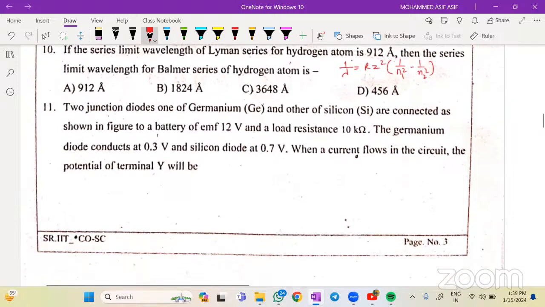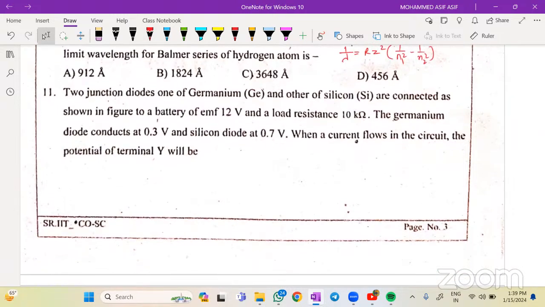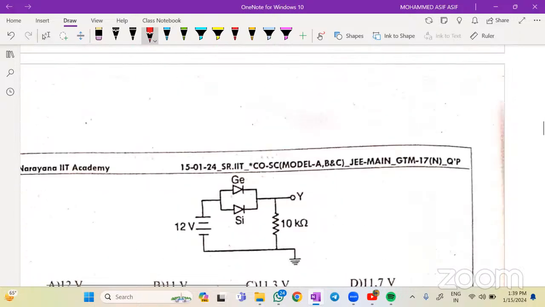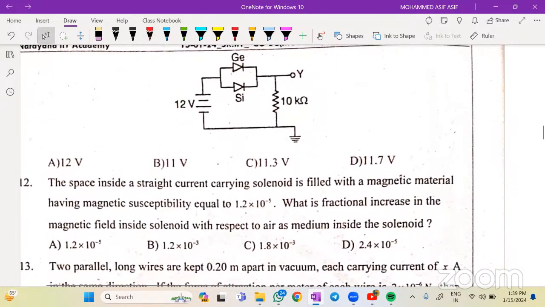Two junction diodes, one of germanium, another of silicon, have been connected as shown in the figure to a battery of EMF 12 volt and load resistance of 10 kilo ohm. The germanium conducts at 0.3 and silicon conducts at 0.7. When the current flows in the circuit, the potential at terminal Y will be equal to how much? The potential difference across the load resistance will be 12 minus 0.3, so that will be 11.7 volt, because germanium conducts at 0.3 volt and silicon conducts at 0.7 volt.